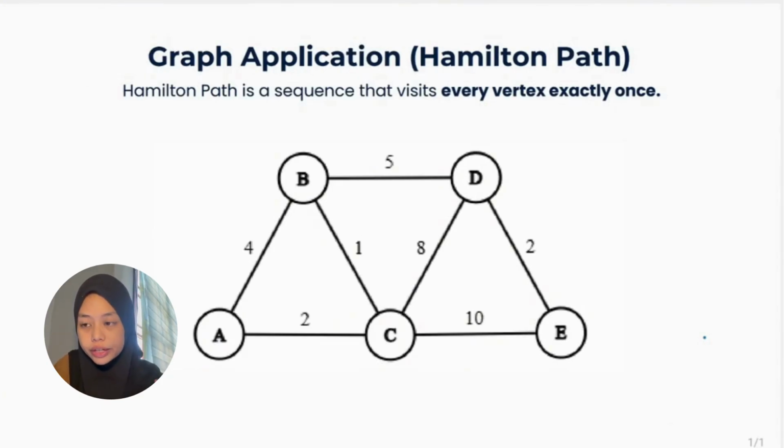Now, referring to the diagram, we can identify one possible Hamilton path.